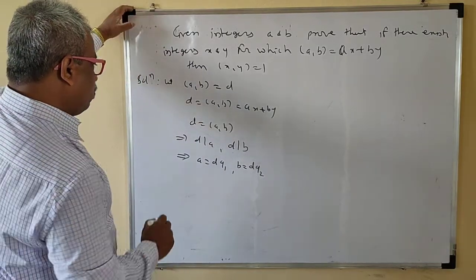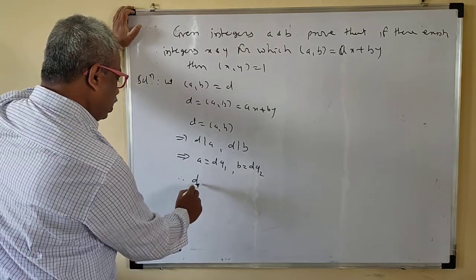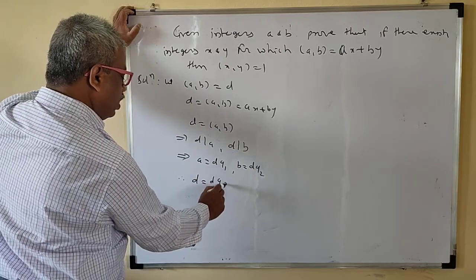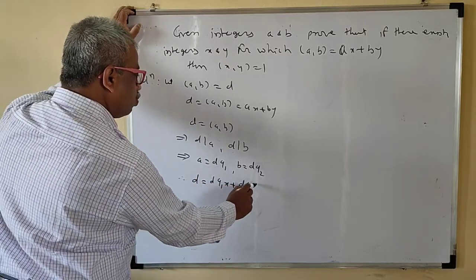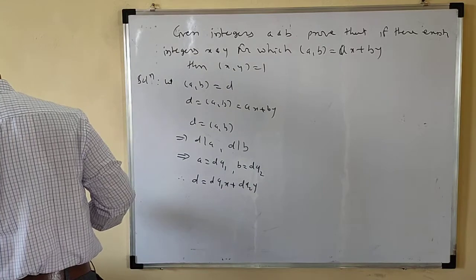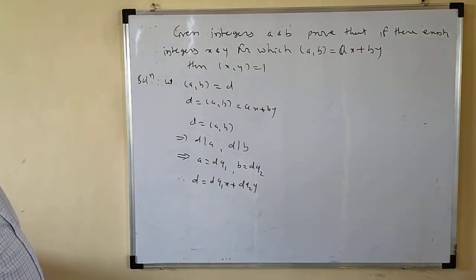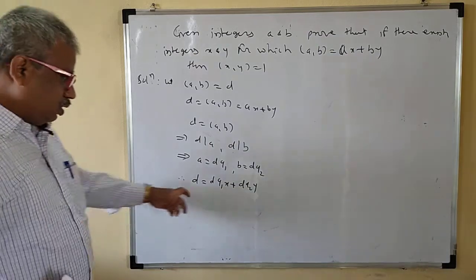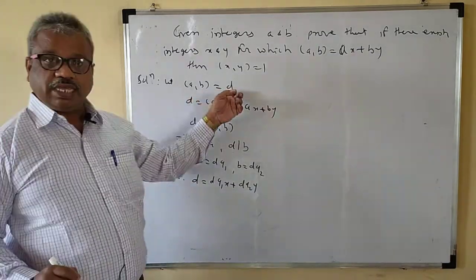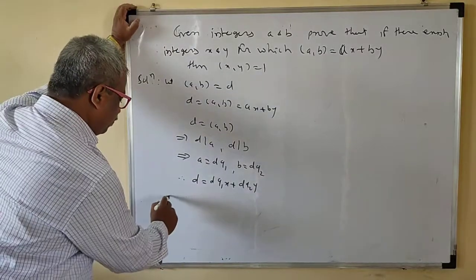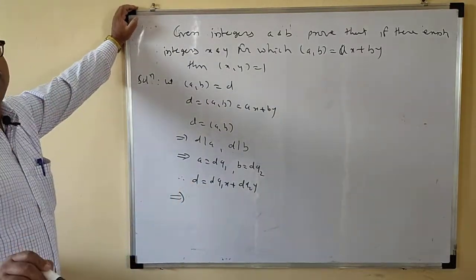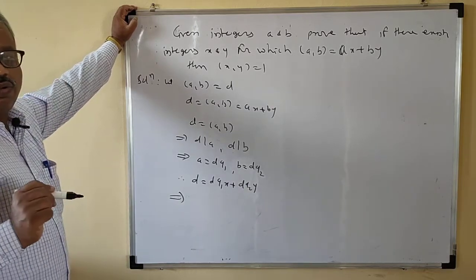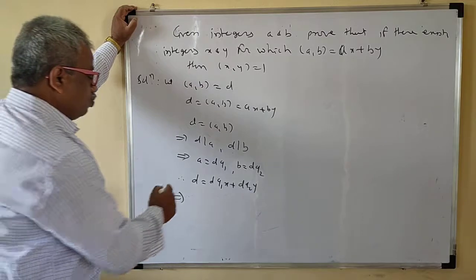Therefore D is equal to D Q1 x plus D Q2 y. Now this D is positive, it is a GCD, so it is not equal to 0. If you want to cancel any number, that number should not be 0, so you can cancel D.